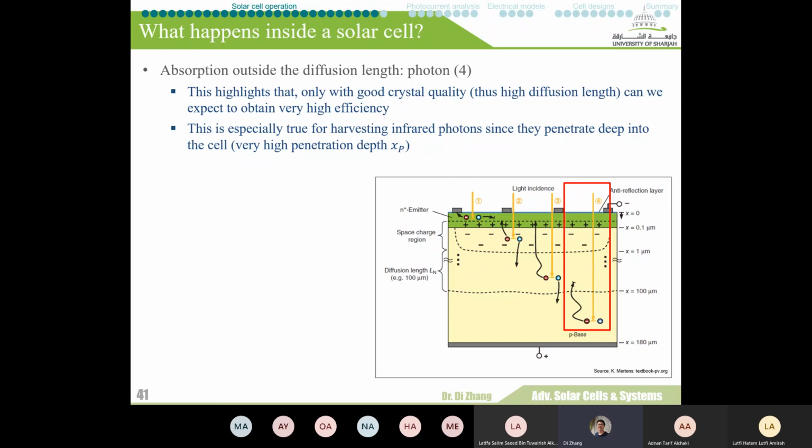There is a reason that we make this slightly more than the diffusion length, because remember the diffusion length only represents the average diffusion distance. So we can still expect a certain portion of electricity from very close to this part.